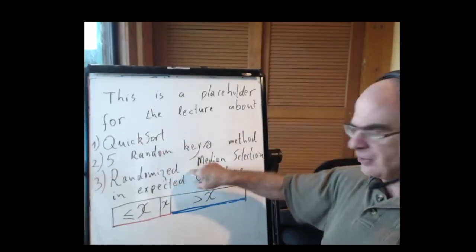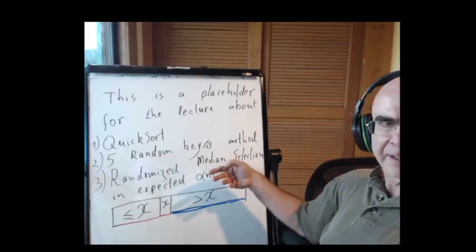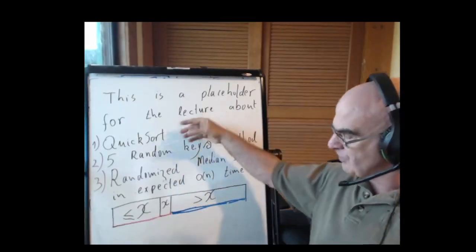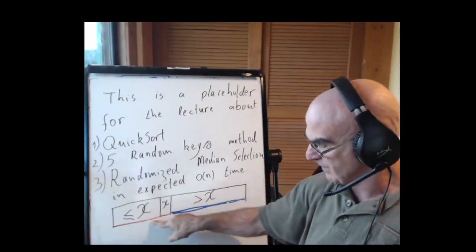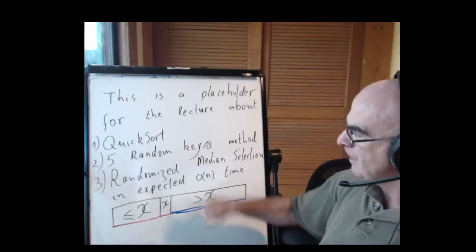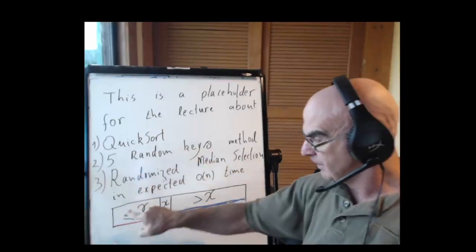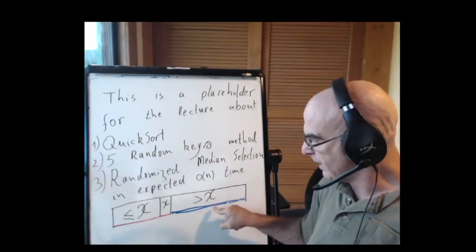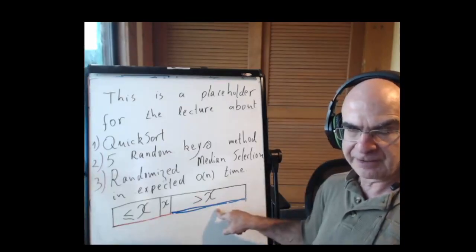They are very similar if you look at their code, but the big difference is that Quicksort, after the partition, calls itself both on the left side and on the right side of the array. Randomized median selection will call itself on the left side or on the right side of the array, never on both sides.